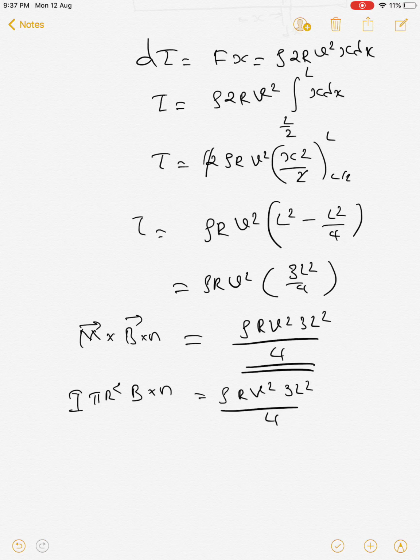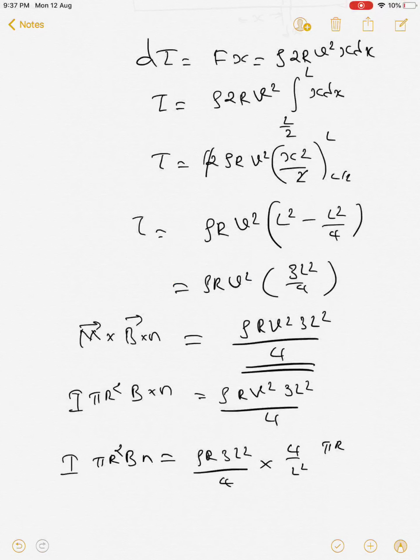So we can basically find the value of this current I over here, which is I into pi r square into B into n is equal to rho into r into 3L square divided by 4 into the value of v, which is given in the question, which we can take as v square over here, which is 4L square into pi r B divided by rho.